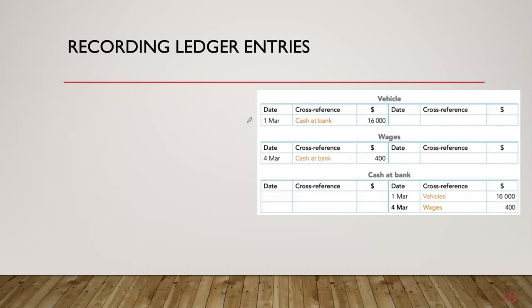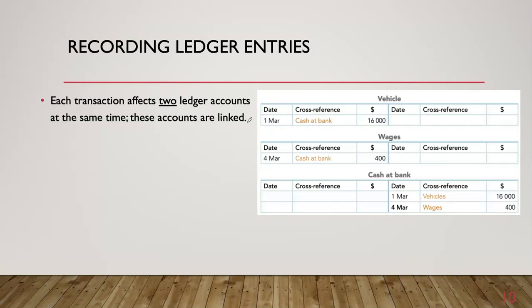So how do we record in ledgers? We work out, is it a debit or a credit? Is it the left-hand side or the right-hand side? And we know that each transaction affects at least 2 ledger accounts, and the ones that I'm looking at here will only look at 2 ledger accounts.